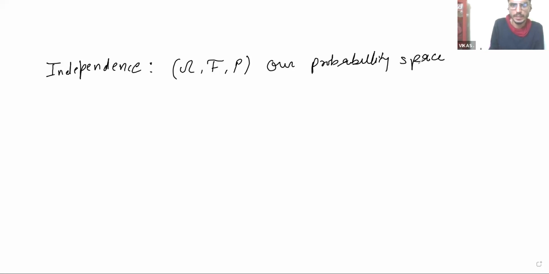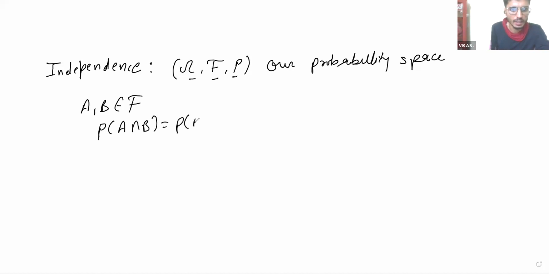This is our probability space, and this is the sample space. This is the event space, and this is the probability function we defined on this event space. If A and B belong to the script F, and the probability of A intersection B is the probability of A multiplied by the probability of B, then we define A and B as independent events.